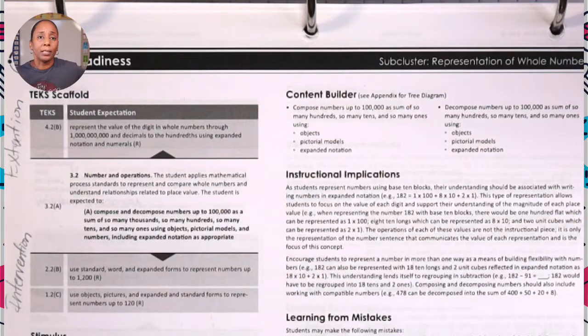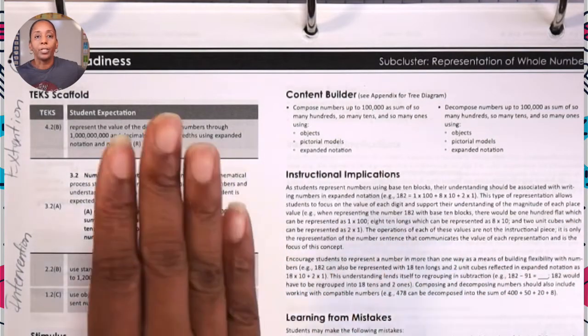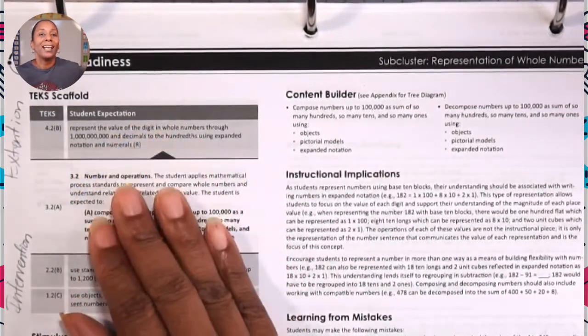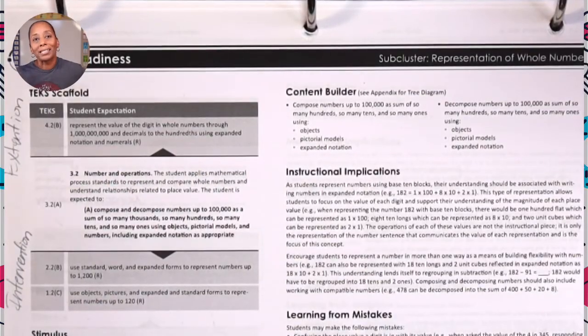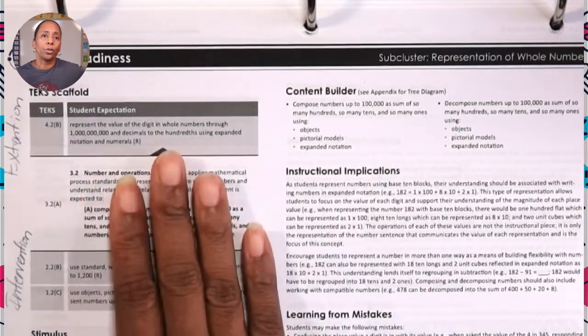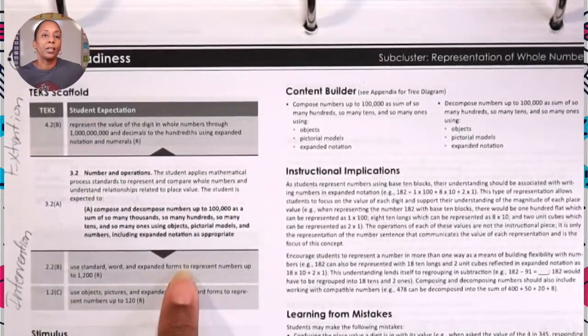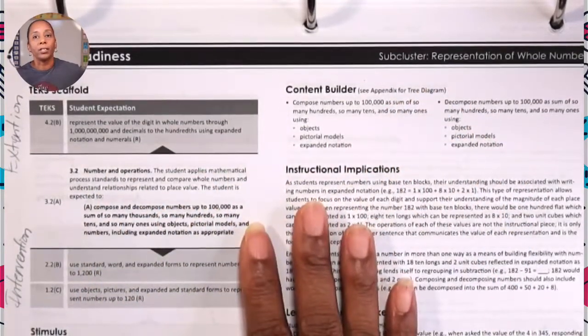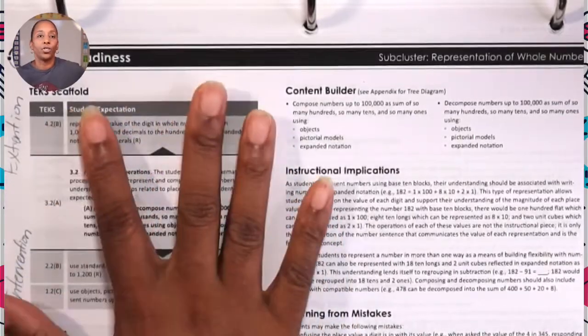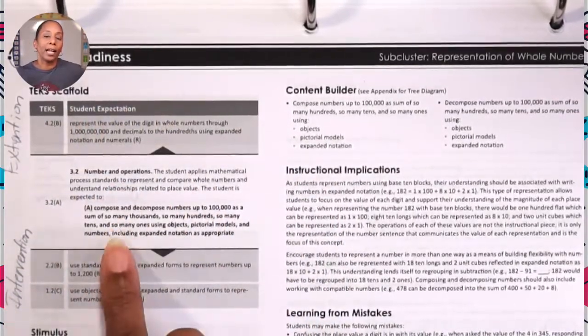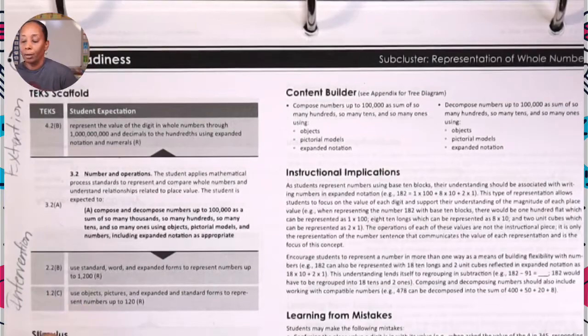A lot of times in my tier 1 instruction, I'm trying to minimize the kids going to intervention, so I would front load a lot of my lessons with some of these skills to help the kids make the jump. If they couldn't make the jump, then I knew that they were tier 2 kids.